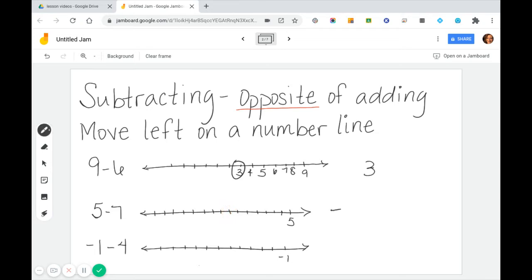You should find that you land on a negative 2. And then negative 1 minus 4. Same thing when you're starting on a negative number. Just think of the minus or the opposite or the subtract as moving backwards. So starting on a negative 1, go backwards 1, 2, 3, 4. You should find that you land at a negative 5.